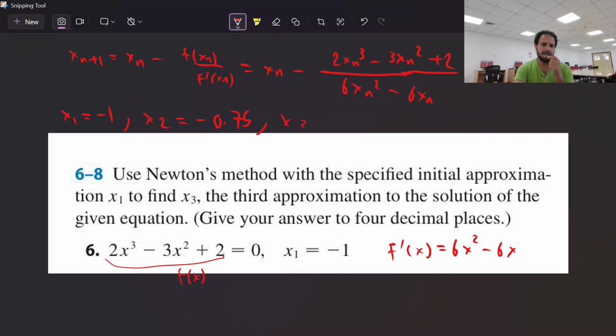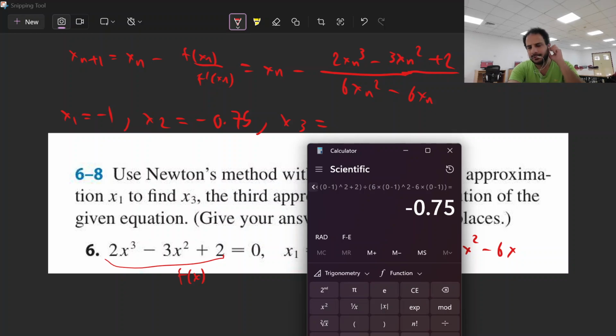Now x3, the question tells you find up to x3. For x3 use control C and control V, okay?